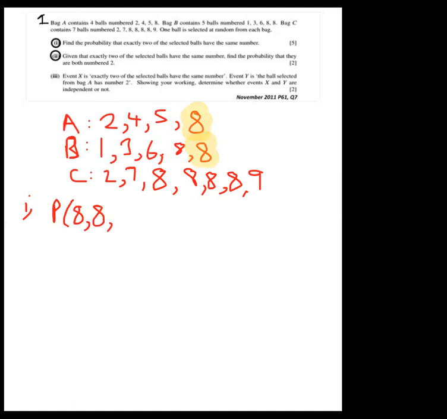We can write it as 8 bar for not 8. This is the first case because it has to be exactly 2, not at least 2, exactly 2. So there can't be more than 2. So one case is this.